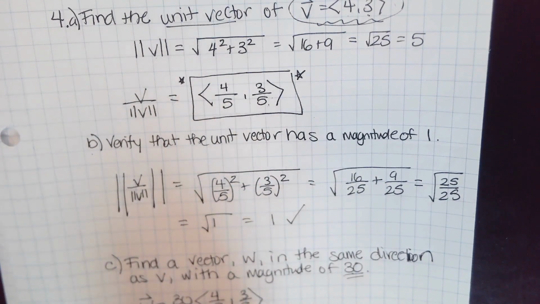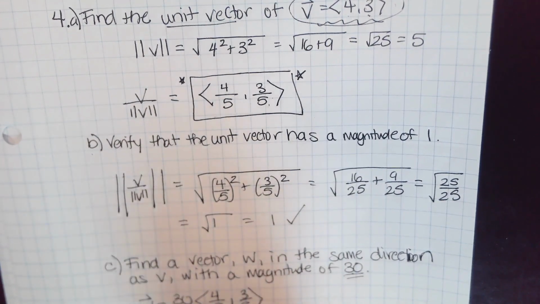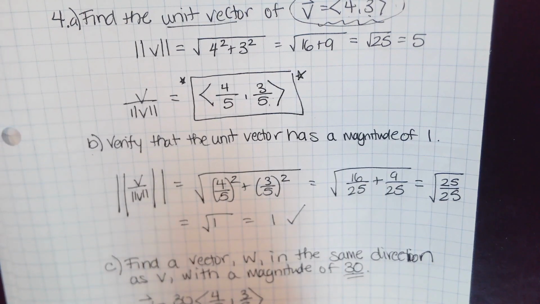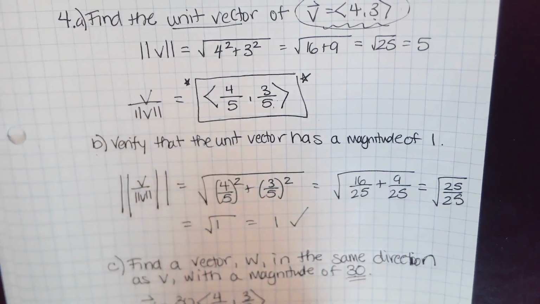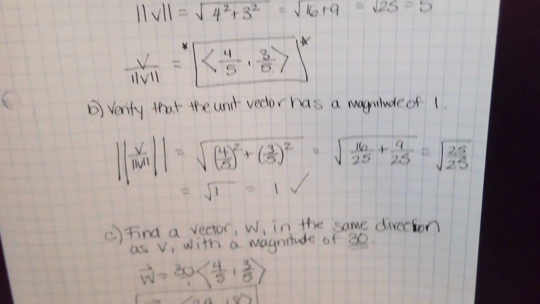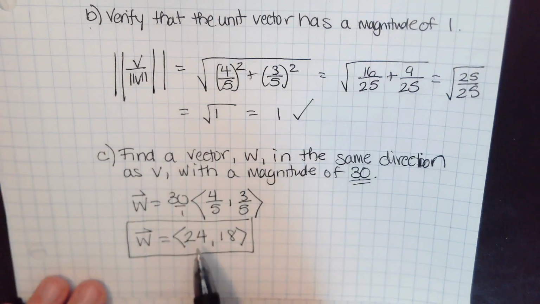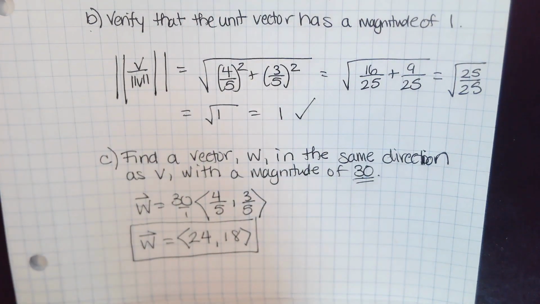So this is vector W. I've got 30 times 4/5, so 5 goes into 30 6 times. 6 times 4 is 24. 5 goes into 30 6 times still. 6 times 3 is 18. So your new vector W would be 24, 18.